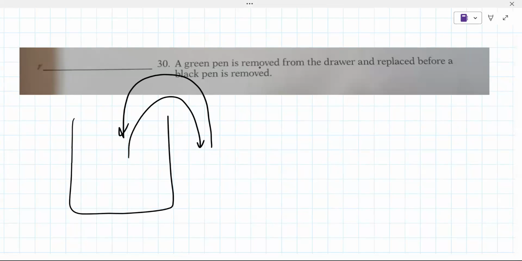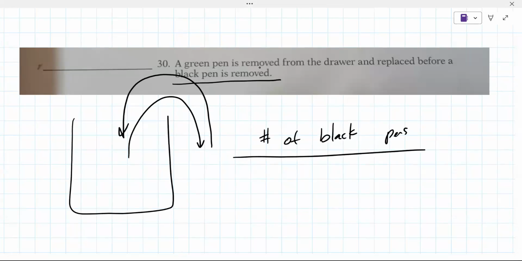Okay. So the probability that a black pen is removed is the number of black pens divided by the total number of pens. So how many black pens are there? How many total pens? 4 and 30. Yes.